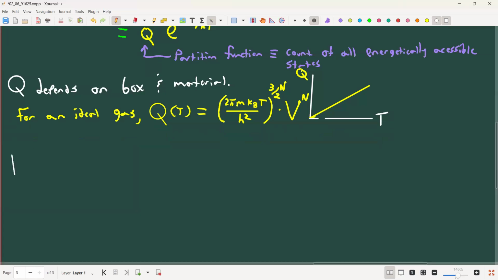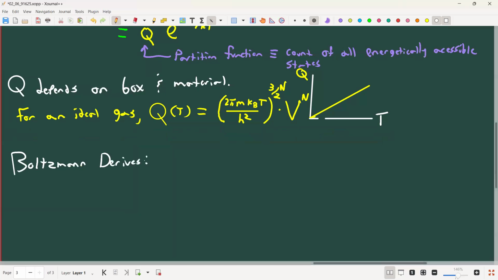What Boltzmann derives, and this is what made Boltzmann famous, is this approach to entropy. He writes that entropy S is equal to minus k_B. So you've got this constant on the outside.